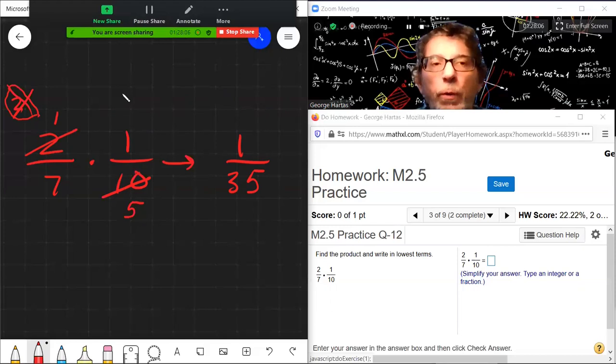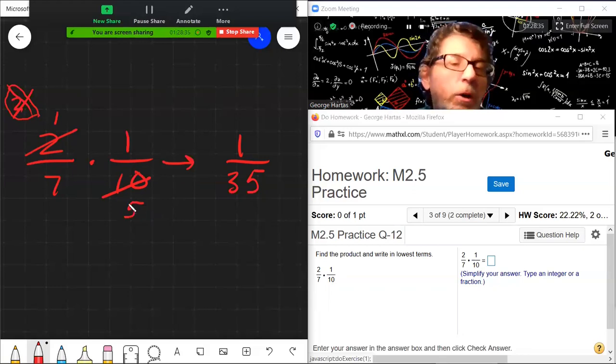If you fully reduced here all the way, guaranteed your final answer will be fully reduced. Guaranteed. If you did not reduce all the way, then you've got to reduce again. Okay, so keep that in mind. If you didn't go all the way down, in this case, there's only one way to reduce, right? But you might have an example where you can reduce incrementally.